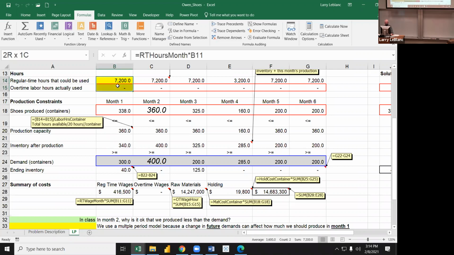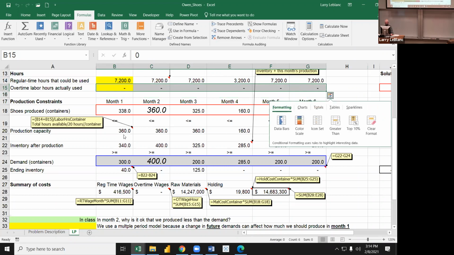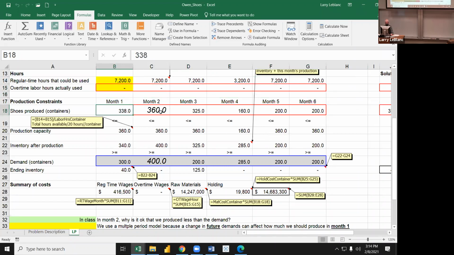So in rows 14 and 15, we have the hours available. Row 14 is calculated. Row 15 is a changing cell, a decision. The production is in row 18. The capacity is calculated.